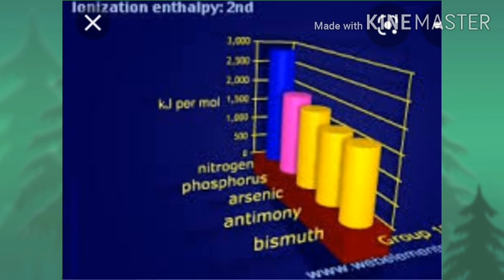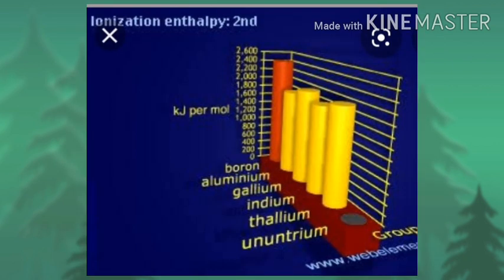But when you consider the 13th and 14th groups, there is only a marginal difference. There is no steady decrease. Now see the picture of the 13th group elements. In the 13th group, the ionization enthalpy does not decrease; there is a marginal difference. What is the reason behind it?